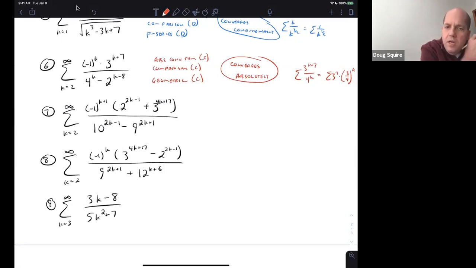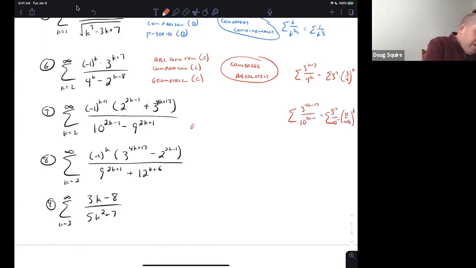Okay, on the next one, on the far right, you're going to get 3^(4k+17), I'm sorry, 3^(4k+17) over 10^(2k-1). That's 3^17 over 10^(-1) times (81/100)^k.